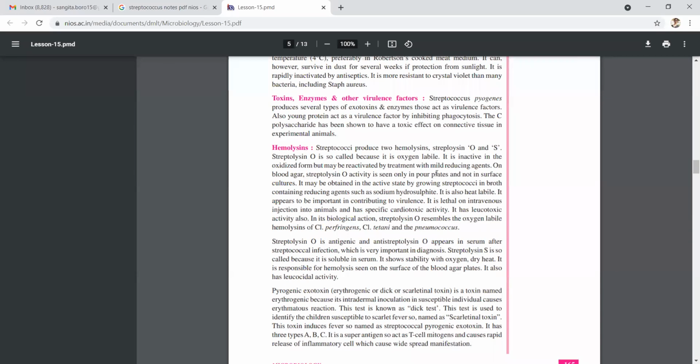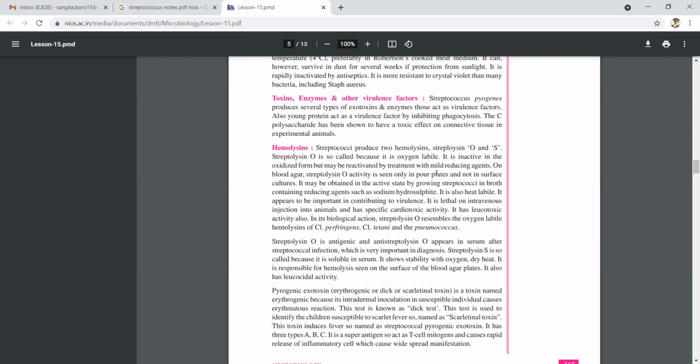Streptolysin O is called O because it is oxygen labile. It is inactive in the oxidized form, but may be reactivated if treated with a mild reducing agent.